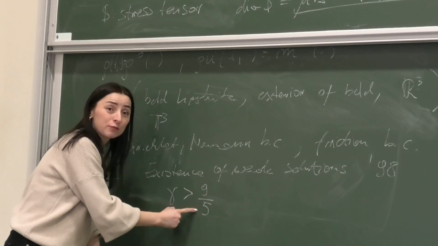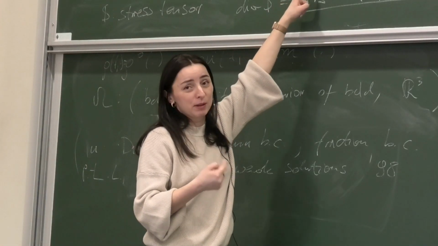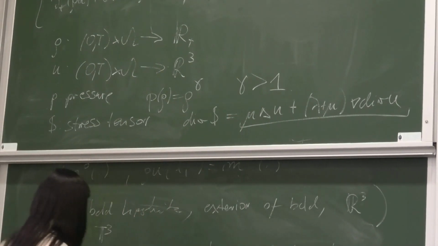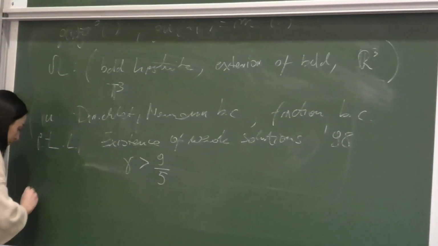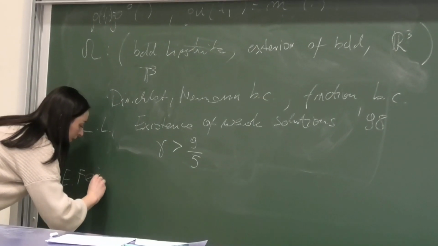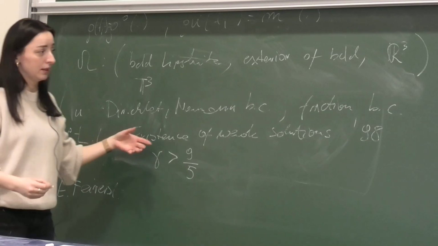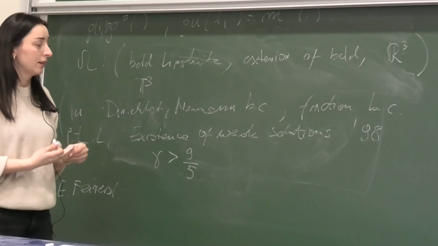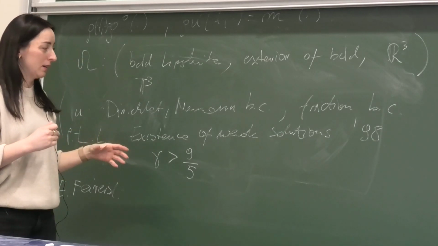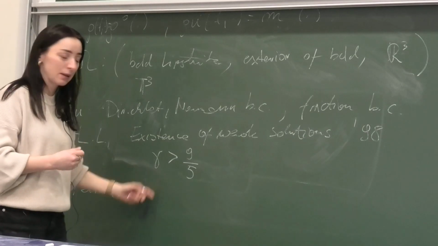So you see that we are quite far away from 1. And this gamma, not only should it be larger than 1, but it should be close to 1. It is minimally larger than 1 normally. Now in 2001, there was another big contribution in this theory, and this is due to Eduard Feireisl, where he improved the Lions approach by modifying the last step of the approximation, and he removed this assumption.